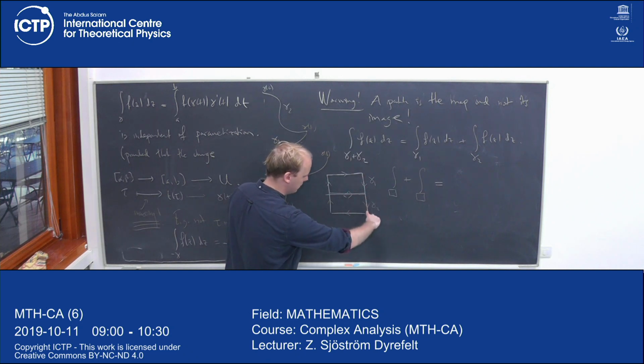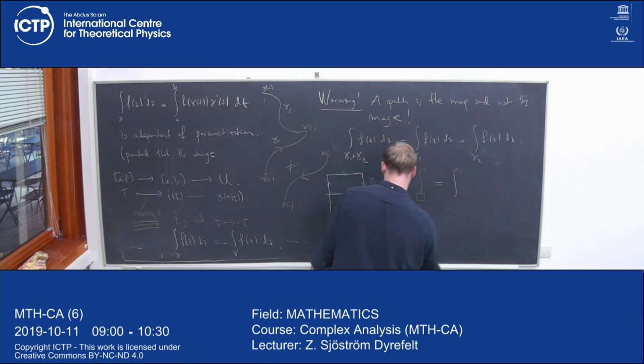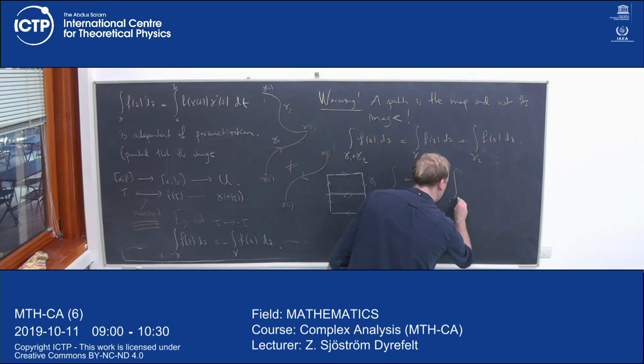Then we take the other one, we go once, once, once, and then we go in the opposite direction along the same side. So whatever contribution I had here, I get minus the same thing in the other direction, and these will cancel. So it will be the same as going around the entire box. So it will be the same as the integral of this entire box.